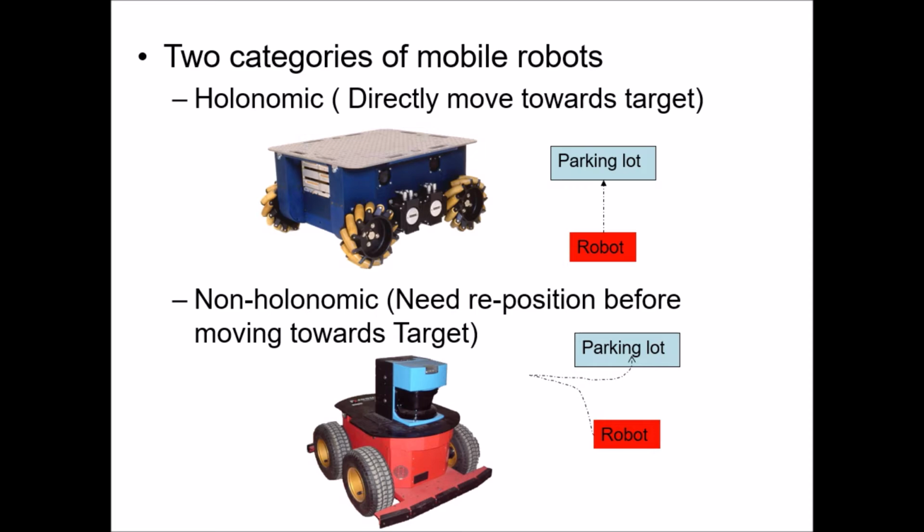So for instance, in this particular case, for the holonomic, if this is the robot and this is the parking lot, the holonomic just needs to move straight in order to reach the destination. However, for the non-holonomic, in order to reach the parking lot, it should move in arbitrary directions before it can reach the final destination.